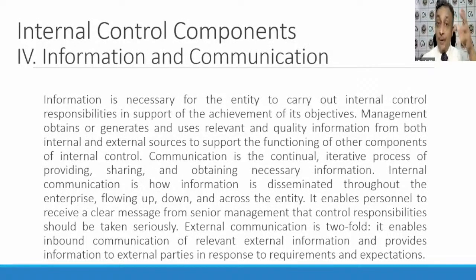And people need to be informed that this is a control. Information is necessary for the entity to carry out internal control responsibility in support of the objective. Management obtains or generates and uses relevant and quality information from both internal and external sources to support the functioning of other components of the control environment.